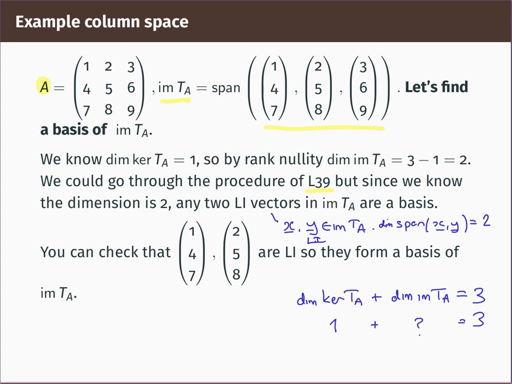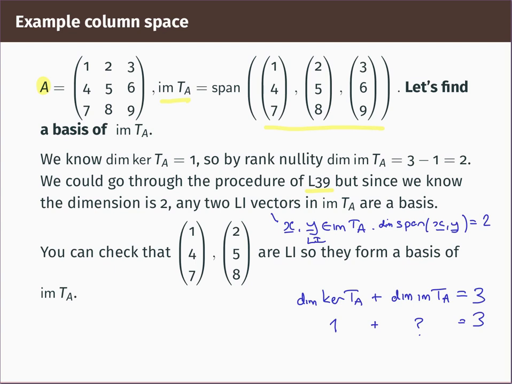So their span would be a subspace of the image of T_A whose dimension is the same as the dimension of the image of T_A. And we know that if you've got a subspace of a vector space, and the subspace and the big vector space have the same dimension, then the subspace is the whole of the thing it was a subspace of. So if you can find any two linearly independent vectors in a two-dimensional vector space, then their span is the whole vector space. So they're a spanning sequence, they're linearly independent, and therefore they're a basis.